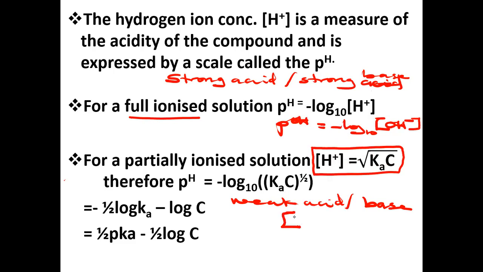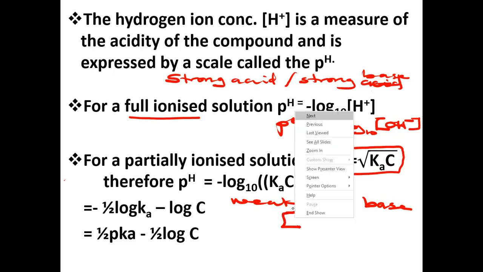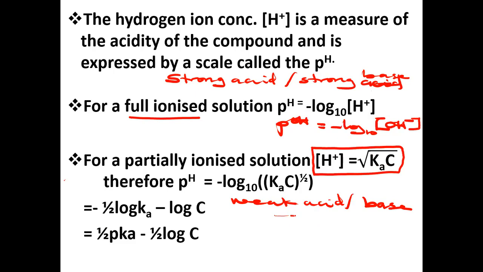So our OH minus concentration will be equal to the root of, this time around, not Ka, but Kb times C. Kb because it is a base, so we should have a dissociation constant for the base, no more the acid. So this is for a weak base, and this is for a weak acid.